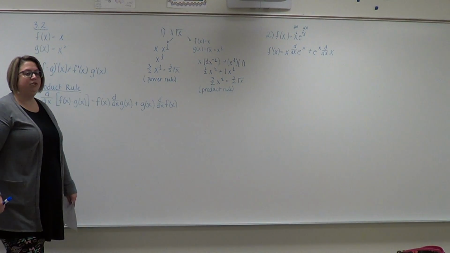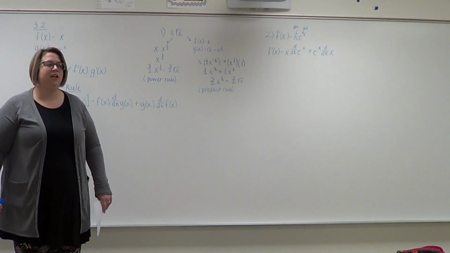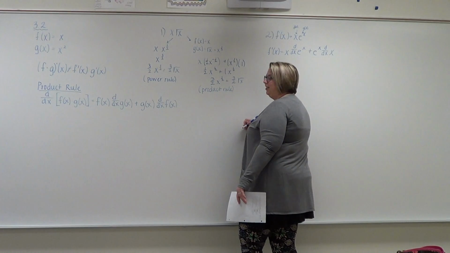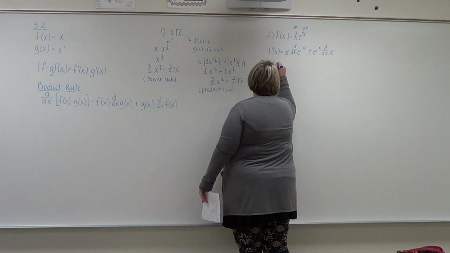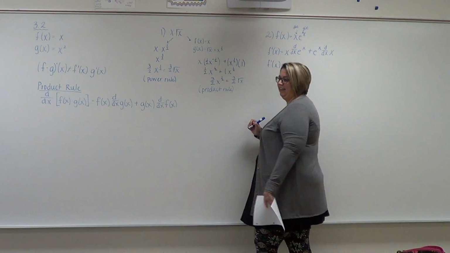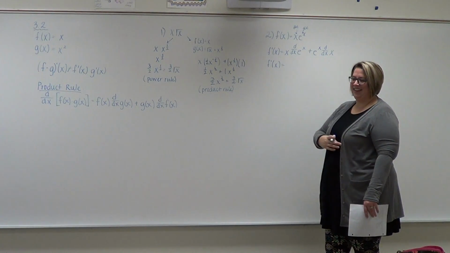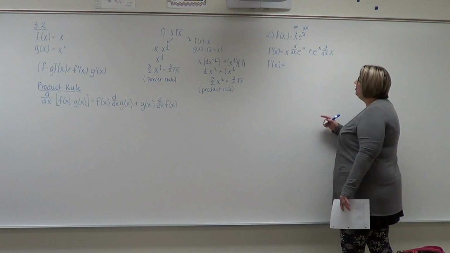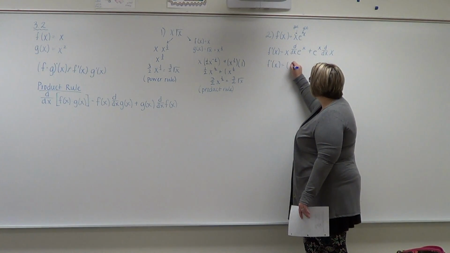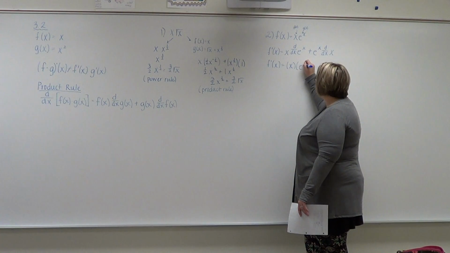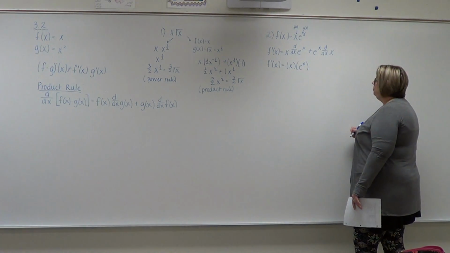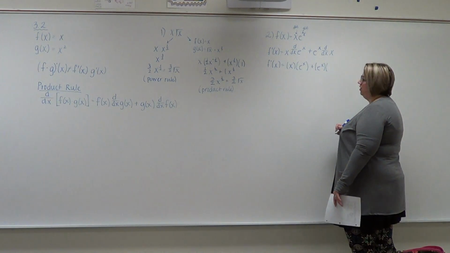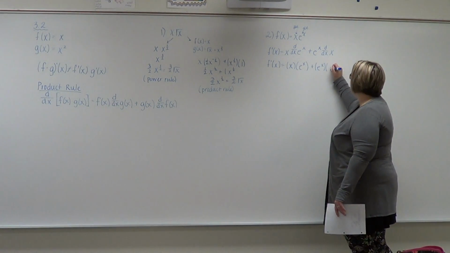Okay, so what is the derivative of e to the x? Okay, so then I would have x times, you told me the derivative of that was e to the x, plus e to the x times, what's the derivative of x? 1.